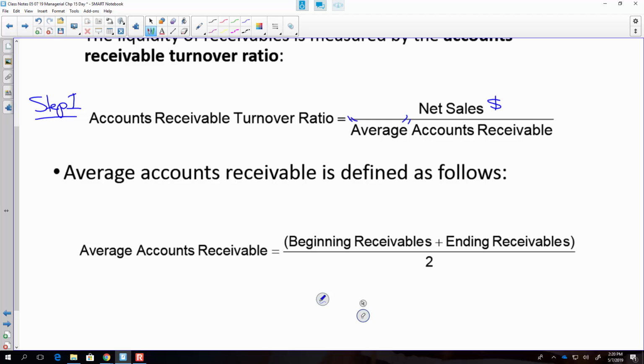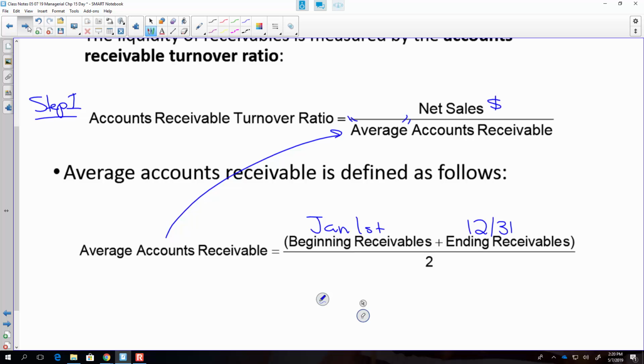There's another computation on our summary sheet. We take our beginning receivables, January 1st, add our December 31st receivable number, assuming a calendar year, and divide by 2 to get an average throughout the year. This average is our denominator. That's step one. What is that ratio?